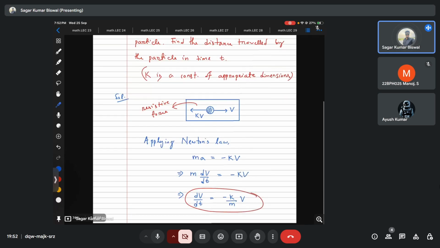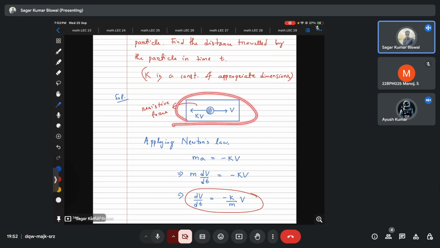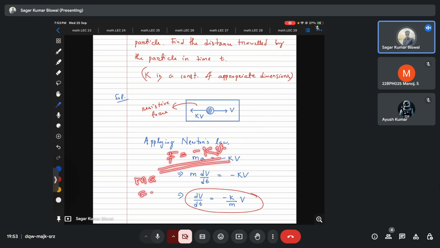So here this was the particle, and here it is moving with velocity v at some time t, and there is the frictional force, or the resistive force, acting on the particle in the opposite direction. So now if you apply Newton's law, F equals minus kv, or ma equals minus kv from Newton's law.